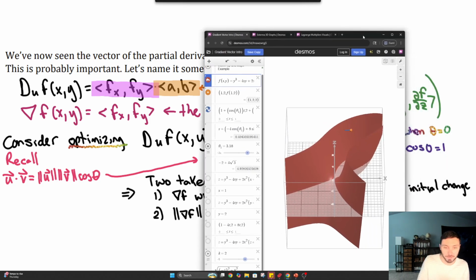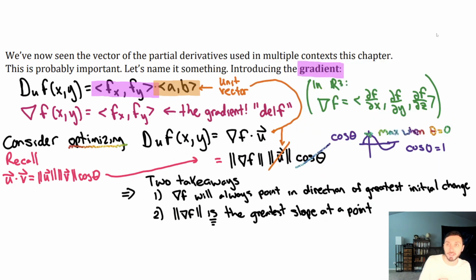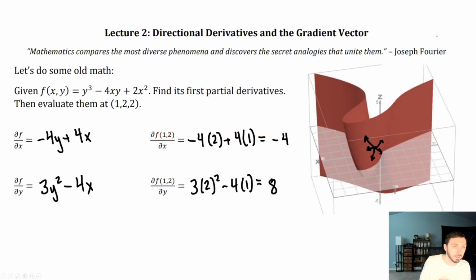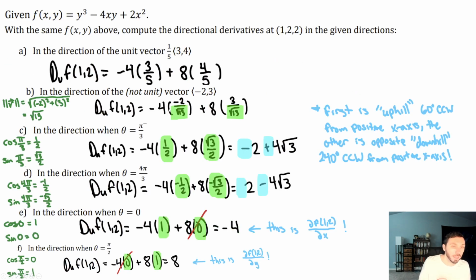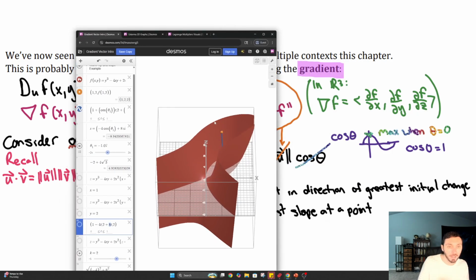So if I were to just plot the vector pointing in the direction of -4 along x and 8 along y. So where did I get those values? I got them from here, -4 for x, 8 for y. This is the gradient vector at 1, 2, 2. That would then spawn us the direction of the greatest ascent.